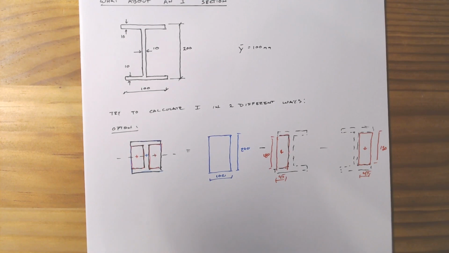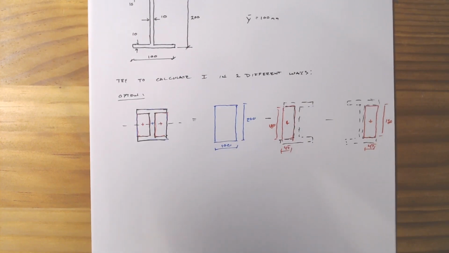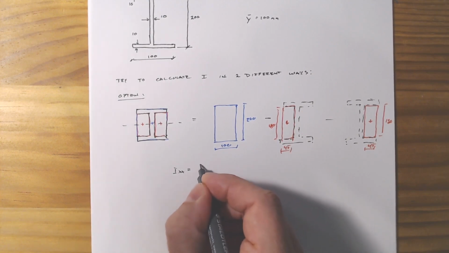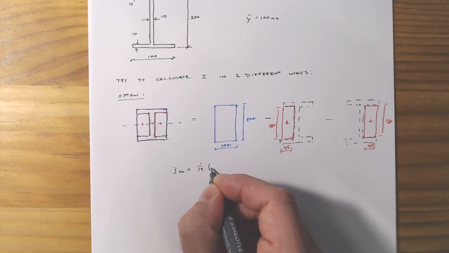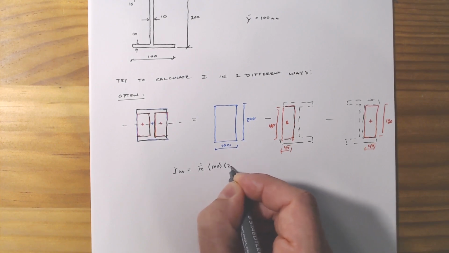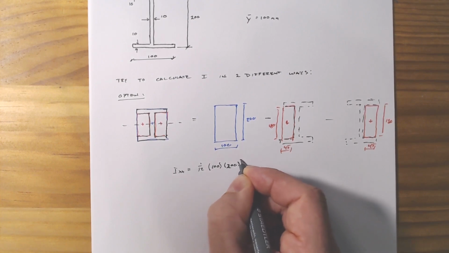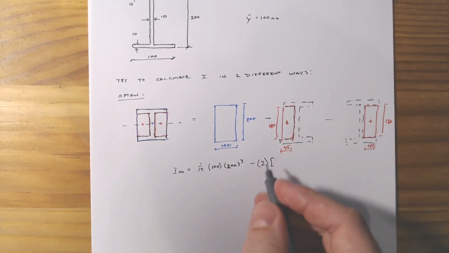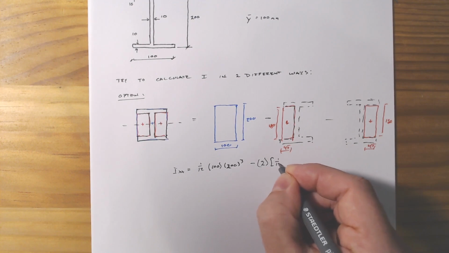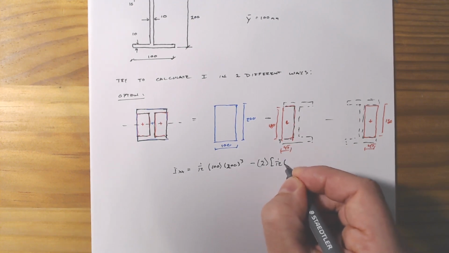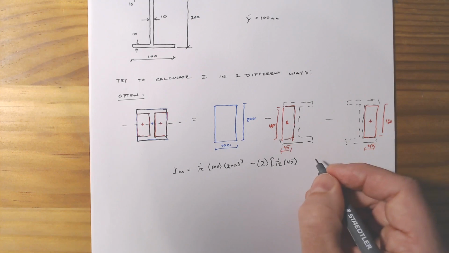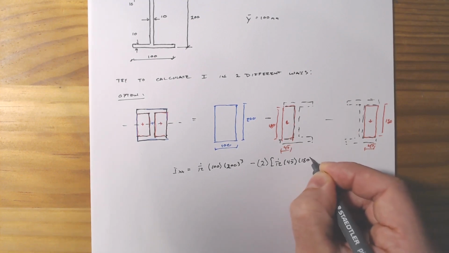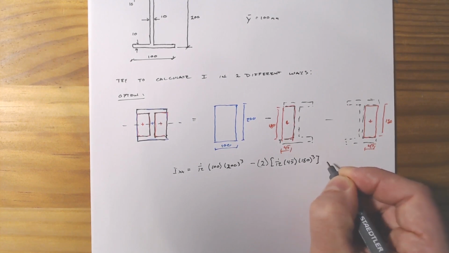So quite simply, if we were to work this out, we'd have Ixx equals 1 over 12 times 100 times 200 to the third, minus 2 times, because we've got 2 of these, 1 over 12 times 45 times 180 to the third.